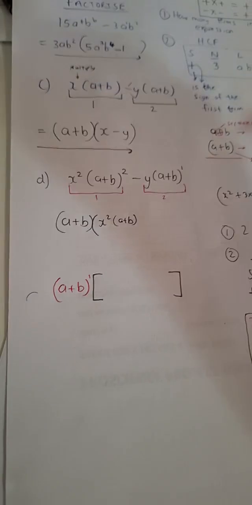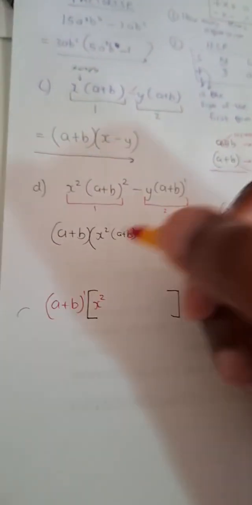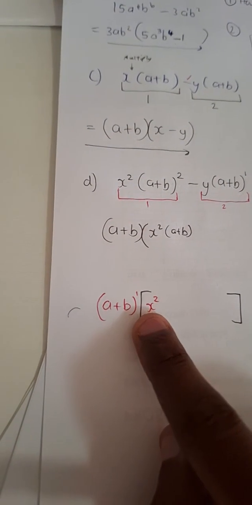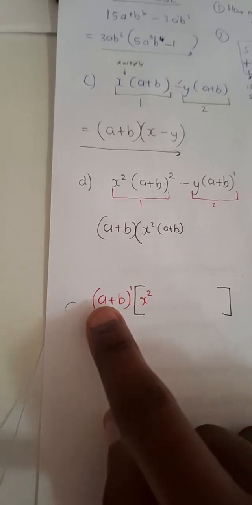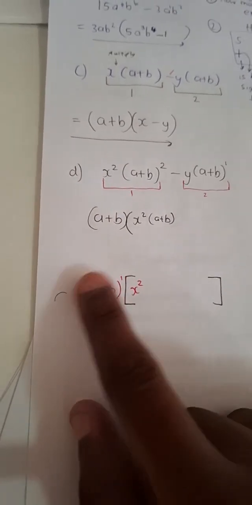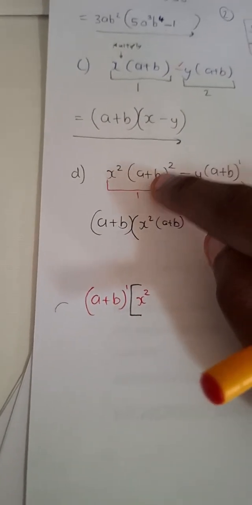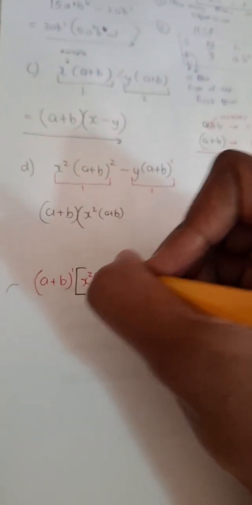Then here on the left we have x squared. That x squared is obviously there on the left. We need that x squared because it is remaining. But since we took out 1 of the a plus b's, and at the end we need 2 of the a plus b's, how many a plus b's do we actually need to write here?